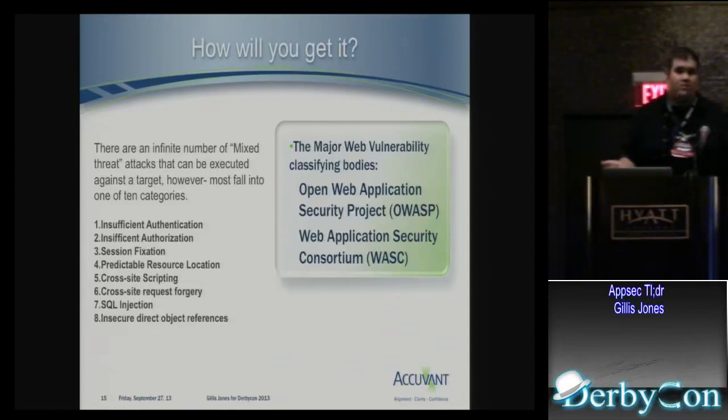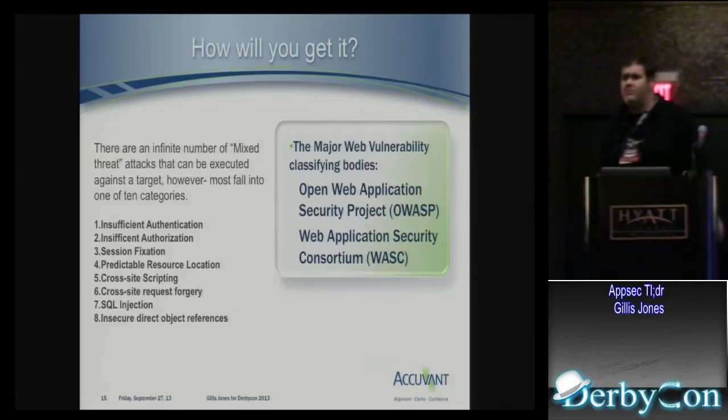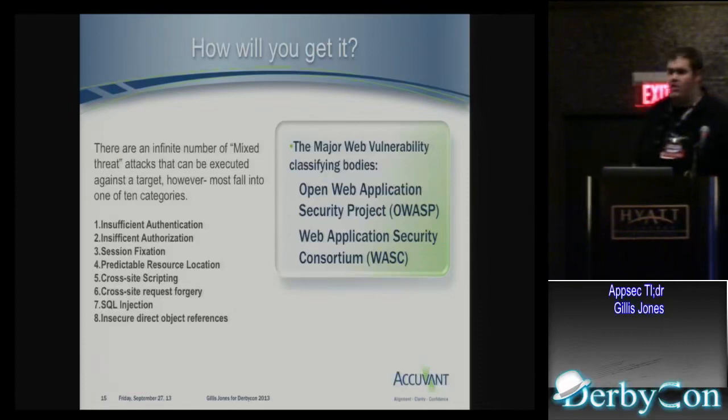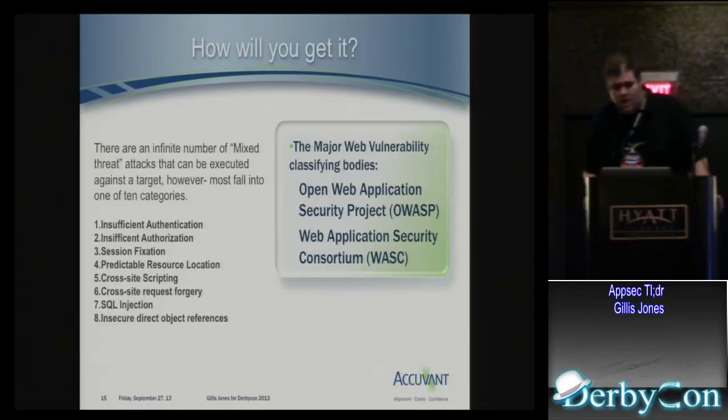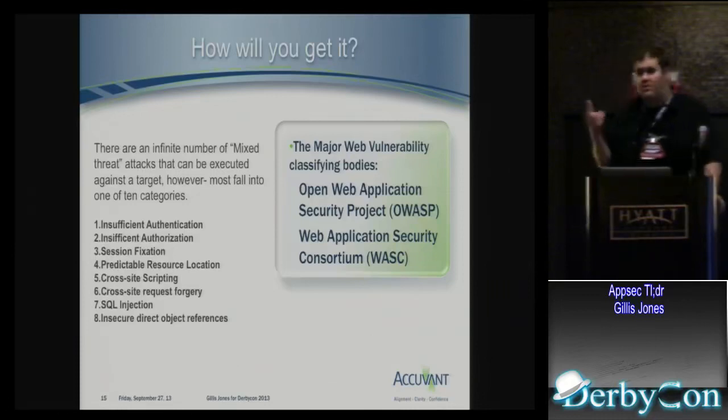But the top resources that you need to go to if you are looking for attack types would be the Web Application Security Consortium, or WASC, or the Open Web Application Security Project, OWASP. Those are the two big ones right now in the industry that you'll need to reference.